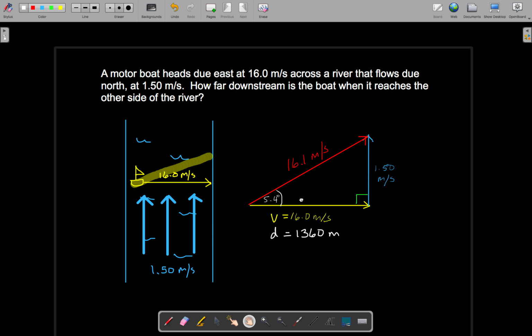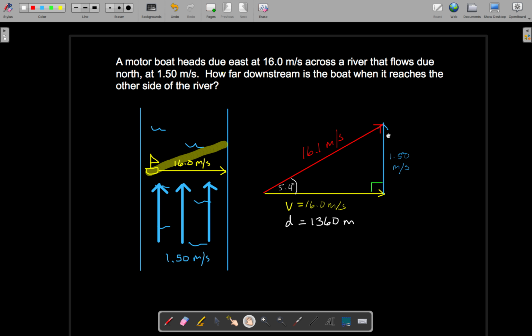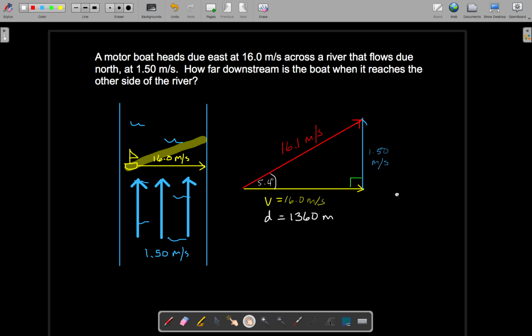Then I replicated that here, on this part right here. So you'll notice that it takes the shape of a triangle. We were able to figure out some of the stuff here by using some Pythagorean theorem and trigonometry functions in order to solve for the values here.